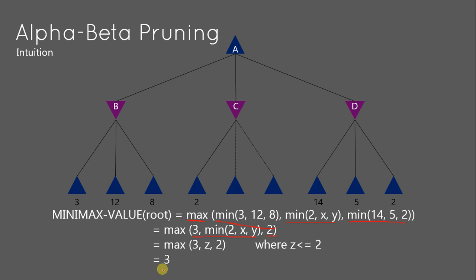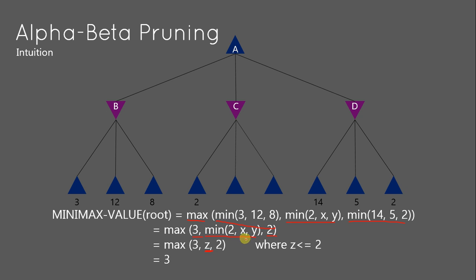But why are we sure that 3 will be the maximum if there is z, whose value is the minimum of 2, x, and y?